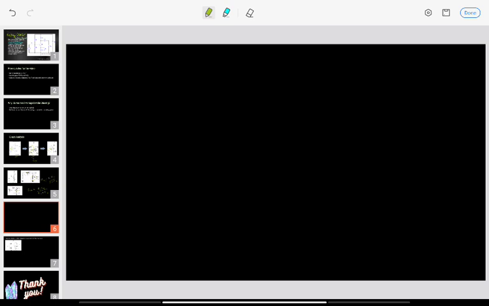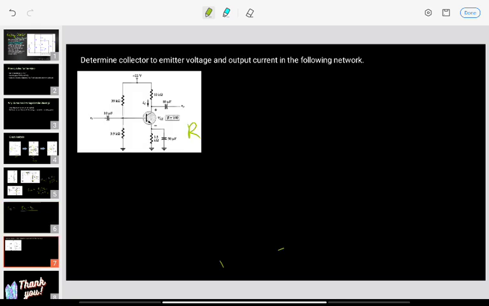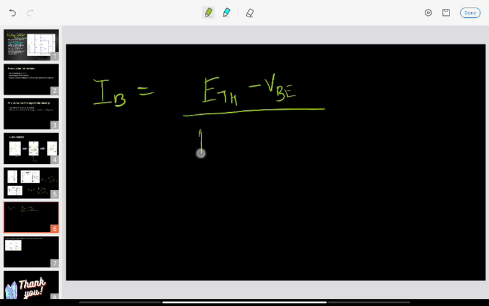So after we apply KVL on the input loop, we will get that IB is nothing but ETH minus VBE, and note that VBE is nothing but 0.7 volts for silicon transistors, divided by RTH plus (beta plus 1) into the emitter resistance.